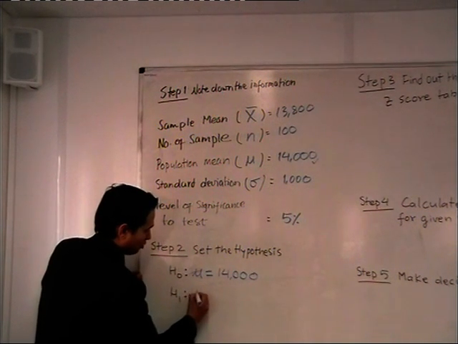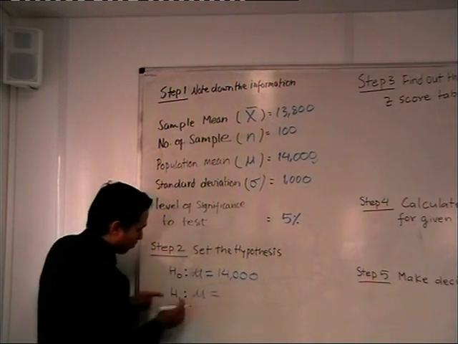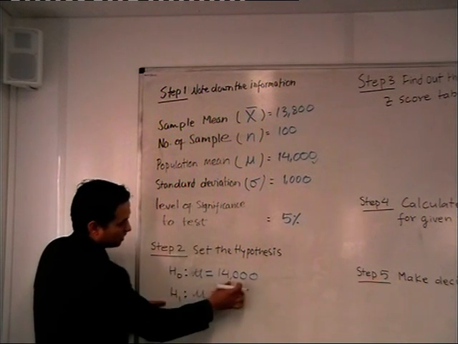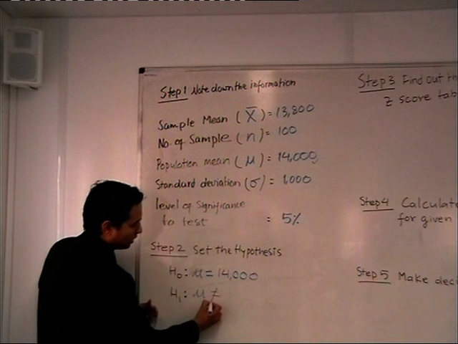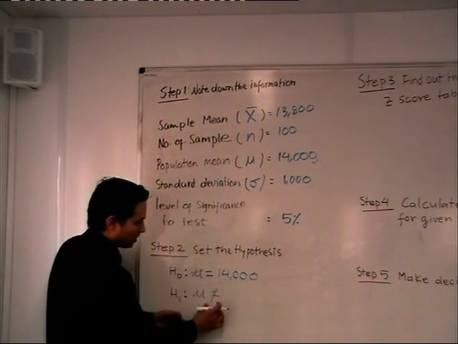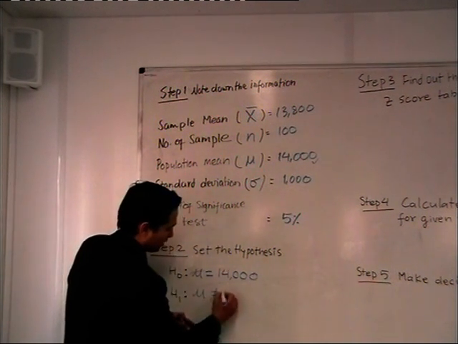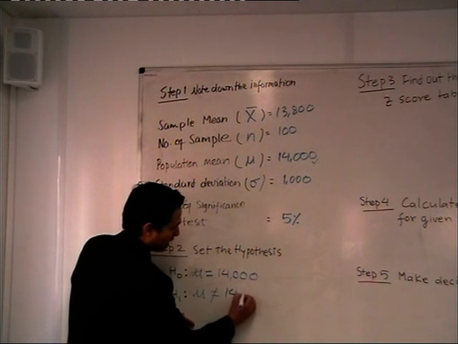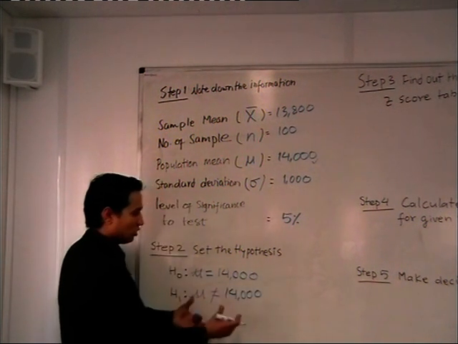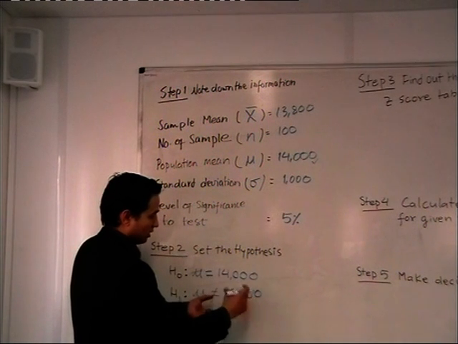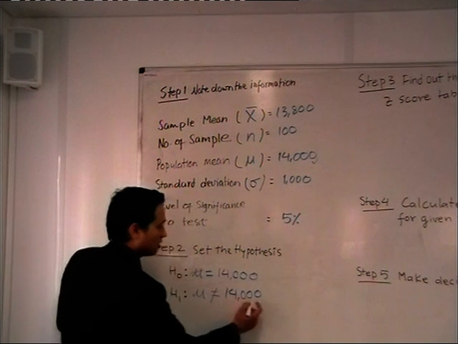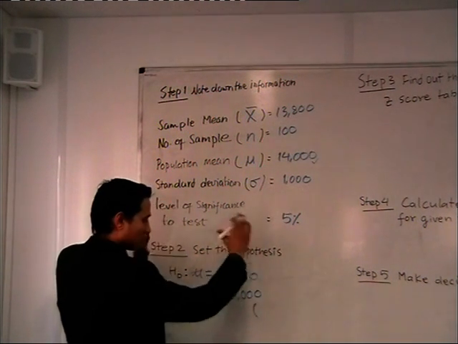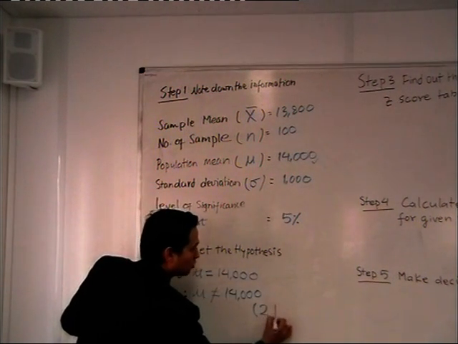So in the alternate hypothesis H1, this claim could be right or wrong, meaning it could fall on either side of the tail. So we say 2-tailed test: mu is not equal to 14,000. The mean could be greater than or less than 14,000, which in terms of the normal distribution diagram is a 2-tailed test.